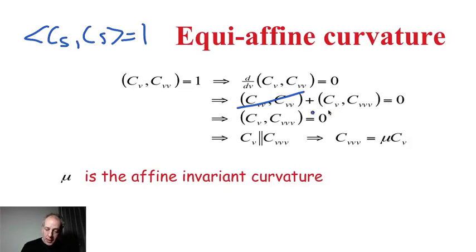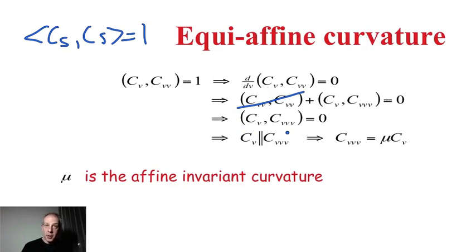So we end up that the determinant here is equal to 0, which means once again that these two vectors are parallel. When we took derivatives before, we basically had that the inner product was 0, so the two vectors had to be perpendicular. For the determinant to be 0, the two vectors have to be parallel.